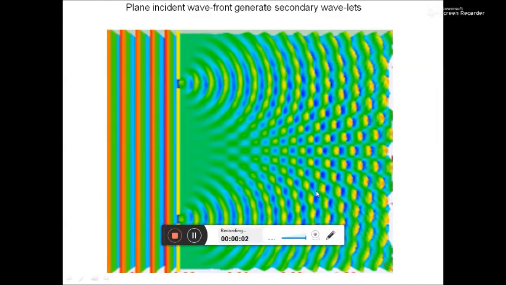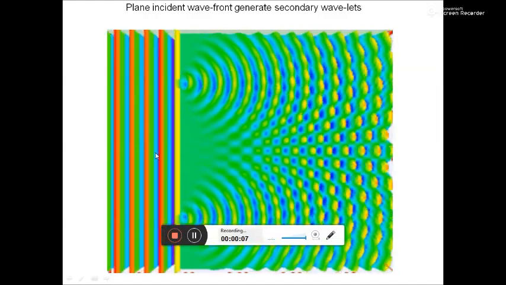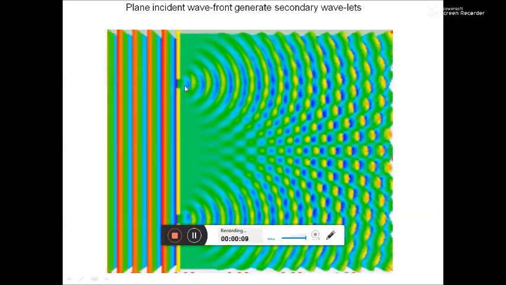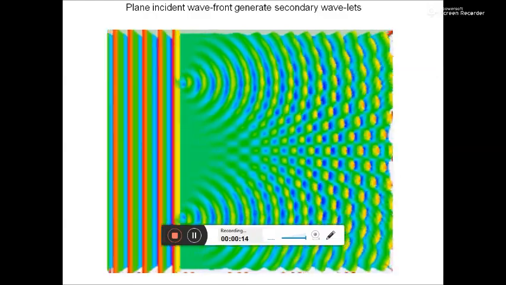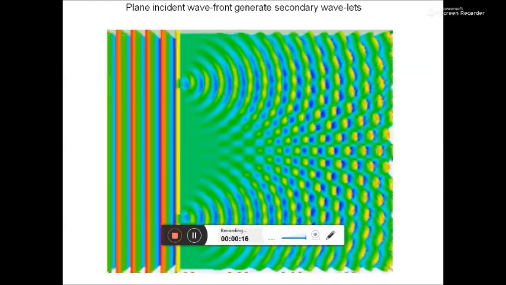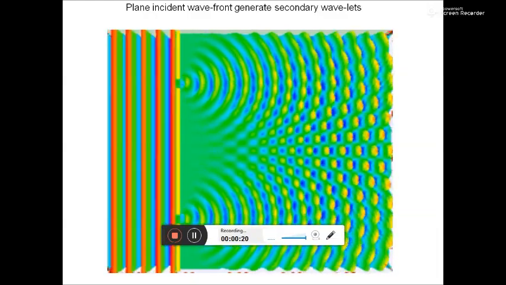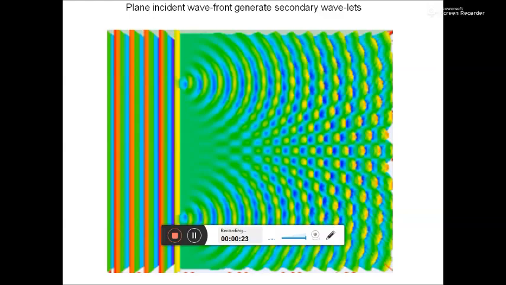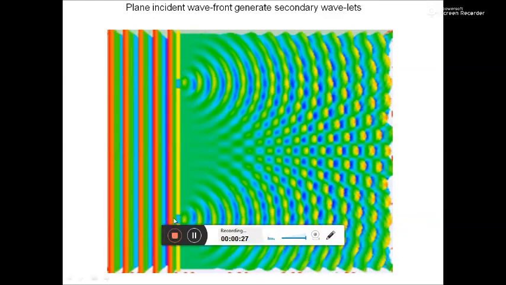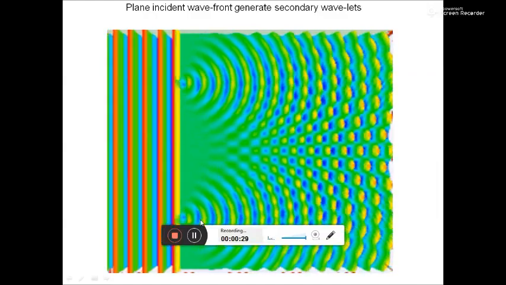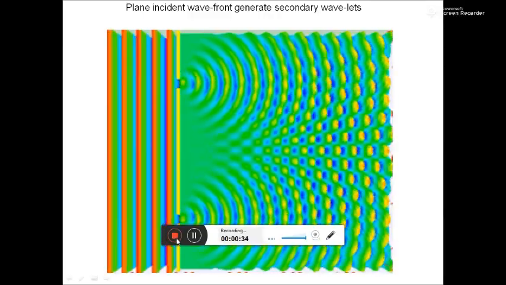Now see the effect of the plane wavefront, how the plane wavefront is obstructed by these two regions. In the Young's double slit experiment, you can see that when you calculate the effect of interference at an external point P, all these regions are going to generate spherical secondary wavelets when the plane wavefront is incident on them.